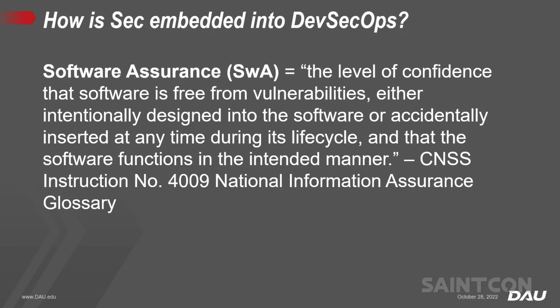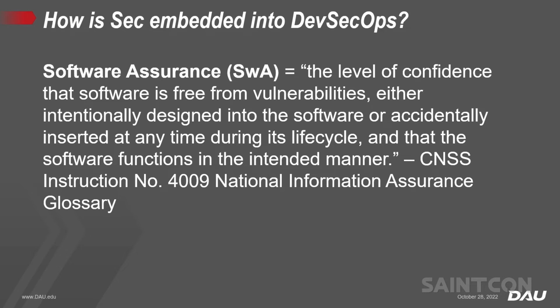That gets into a key term that I really like, which is software assurance. Often misunderstood on what it is. A lot of people might think that's software quality assurance, but really it deals with security. And this is a definition from the Committee on National Security Systems, CNSS, instruction number 4009 from the National Information Assurance Glossary.